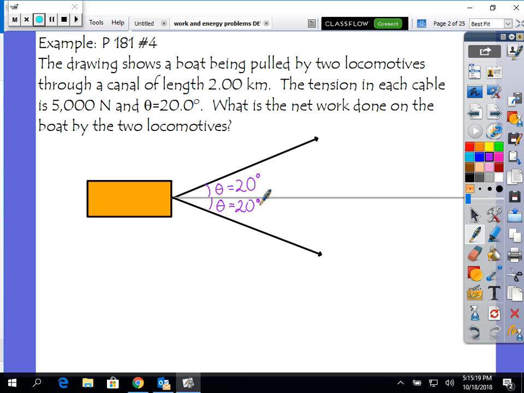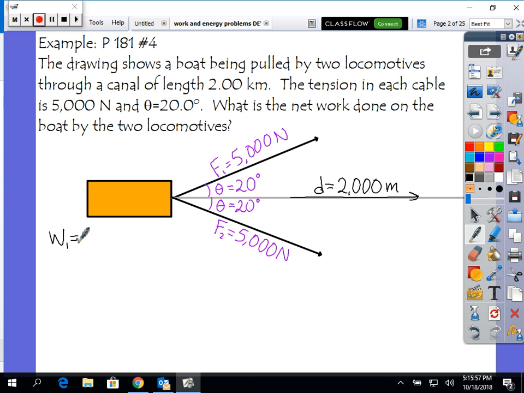So if I call this F1 and it is 5,000 newtons, and this one is F2 and it's 5,000 newtons, the displacement, remember the displacement doesn't go right on the free body diagram. I'm just going to write it over here. The displacement is 2,000 meters. Right? 2 kilometers is 2,000 meters. So let's find the work done by force 1.